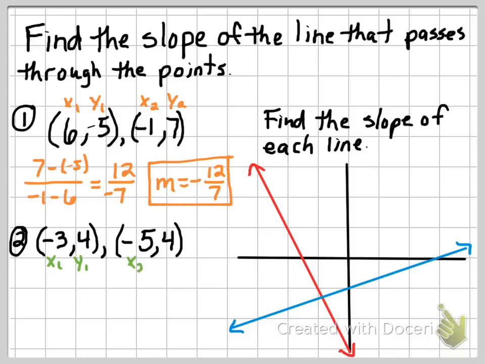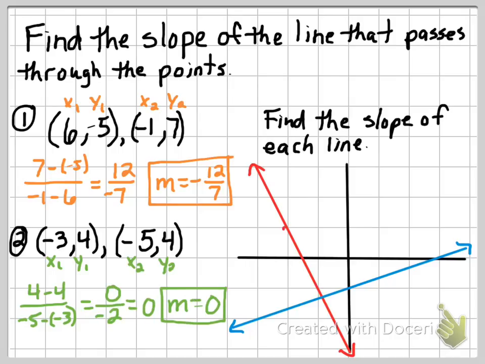Okay, so again, if I'm given 2 points, I'm always going to use y2 minus y1 over x2 minus x1. And that gives me 0 over -2, which is 0. So in this case, m equals 0.